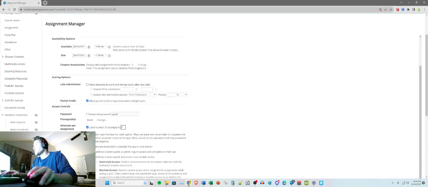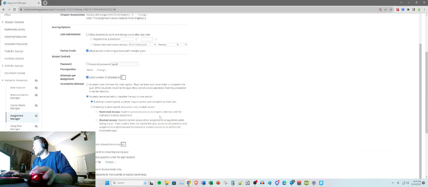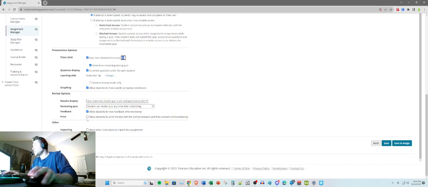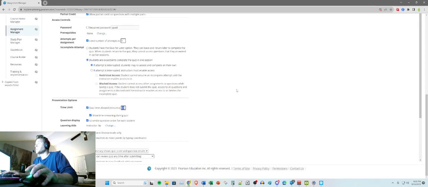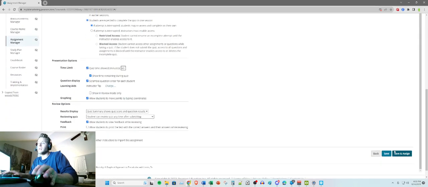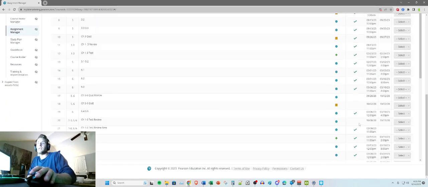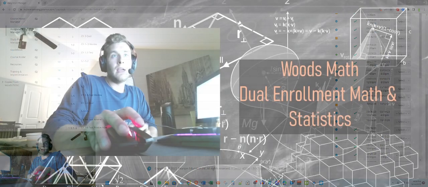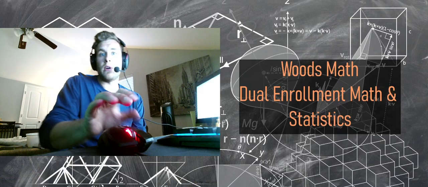We'll get rid of the password. You get 1 attempt, and then you have to take it in 1 session. You get 60 minutes to do it. You'll see the time, and you'll be able to review your quiz anytime after submitting. So we have all the settings in here that we need, so we're going to assign that. You guys are going to have to do that quiz Tuesday or Wednesday. That's going to be all you need to do.